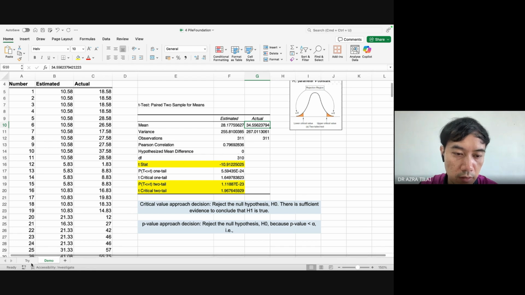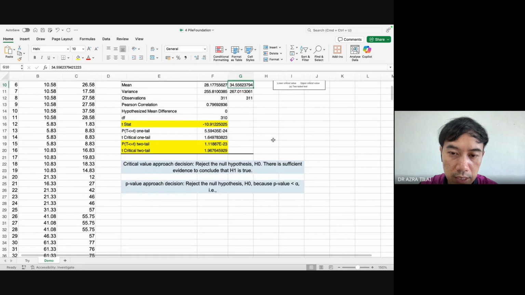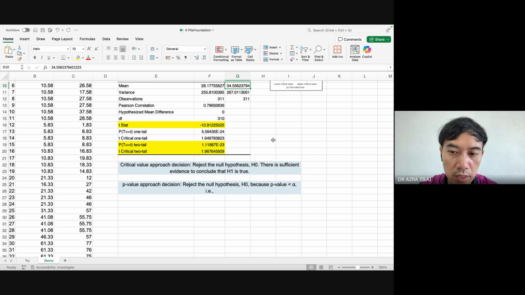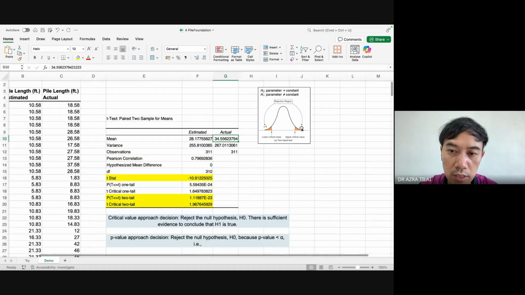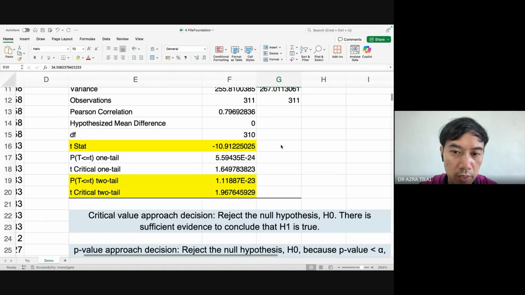Okay, so the critical value approach decision: we reject the null hypothesis. There is sufficient evidence to conclude that H1 is true. So we reject the null hypothesis because we look at the t statistic, it is negative 10.91.